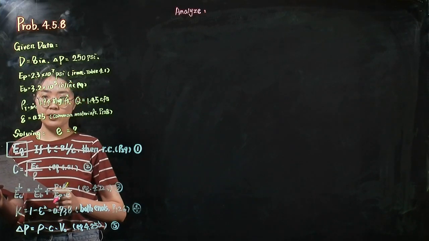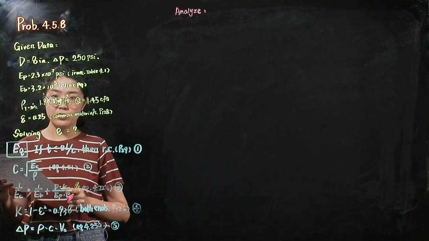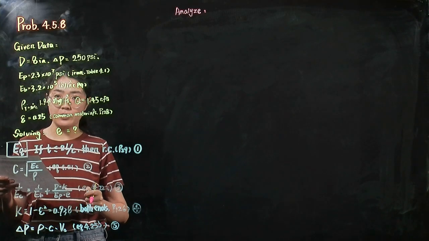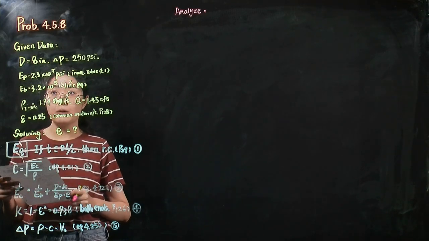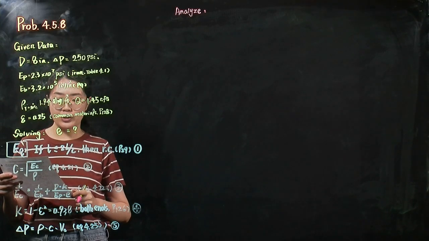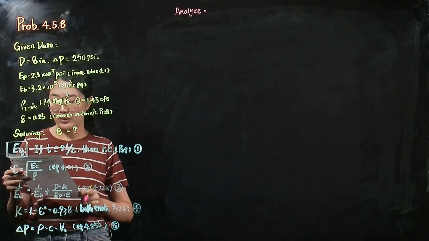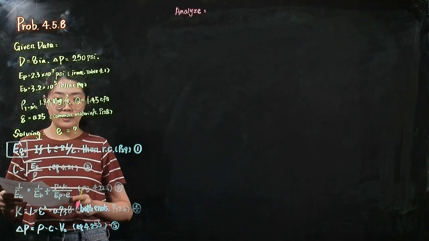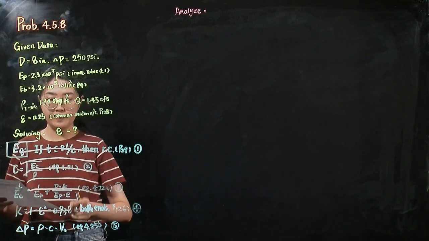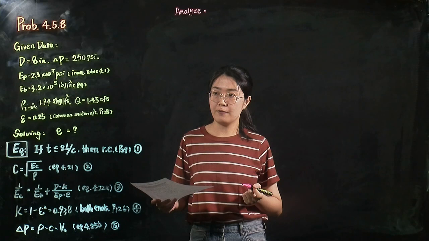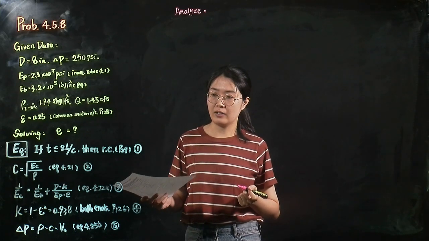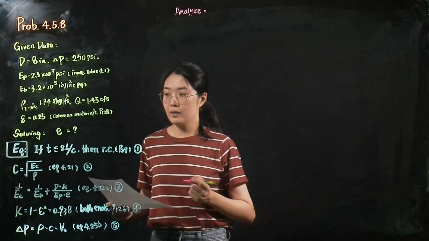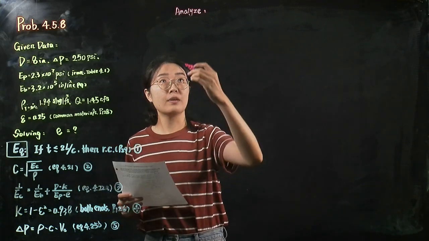Therefore, the water density equals 1.94 slug per cubic foot. So in this problem, it asks us to determine the required pipe thickness, which is e. Let's analyze the given information and the unknown before solving this problem. In this problem, we want to know the thickness.